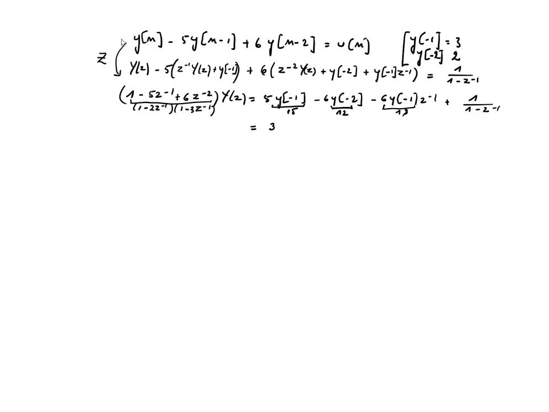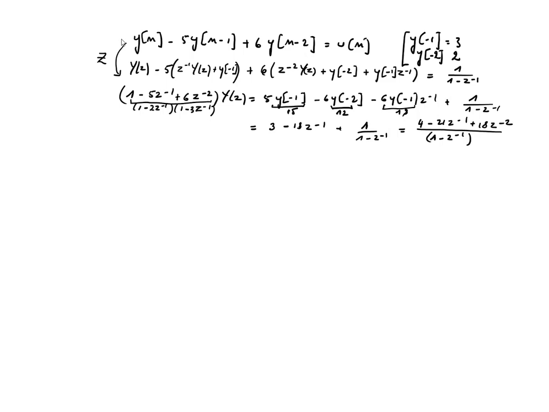So we have a 3 here, minus 18 z minus 1 plus 1 over 1 minus z minus 1. And if you put everything under the same denominator, you'll have 1 minus z minus 1. I'll leave you the calculations, but you'll have 4 minus 21 z minus 1 plus 18 z minus 2.